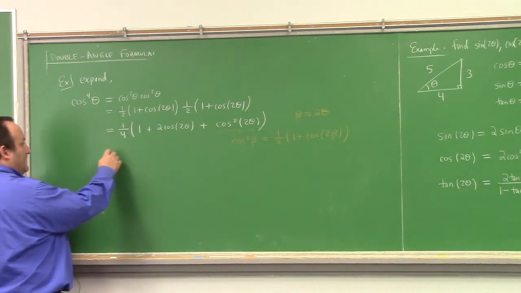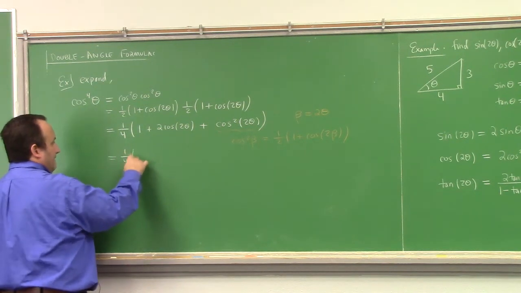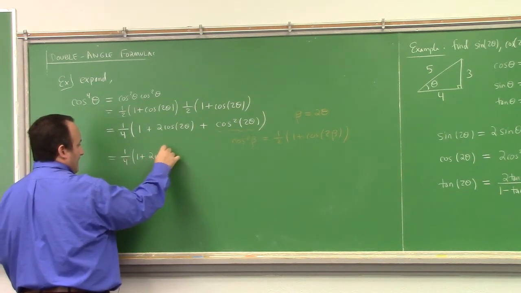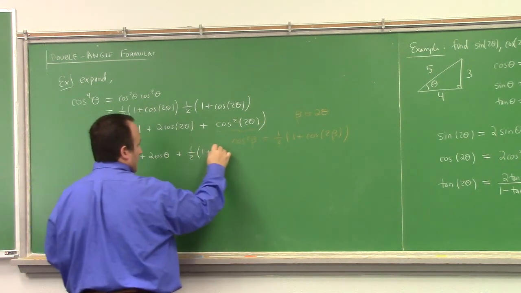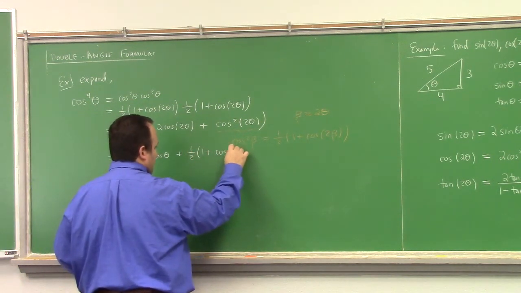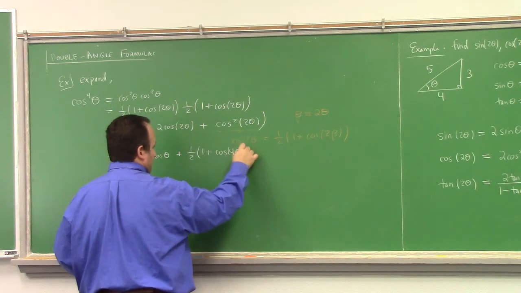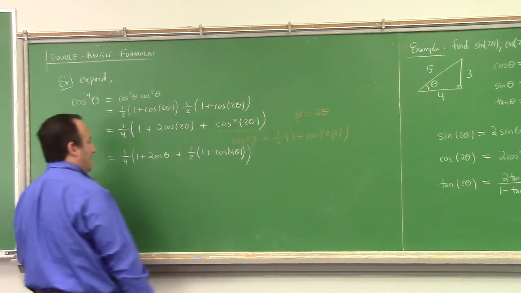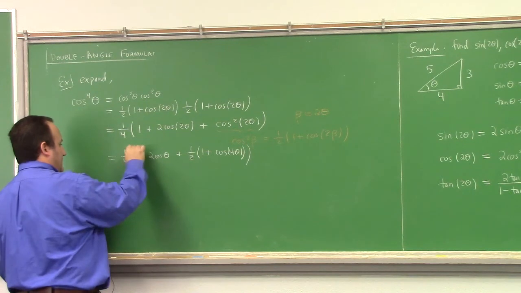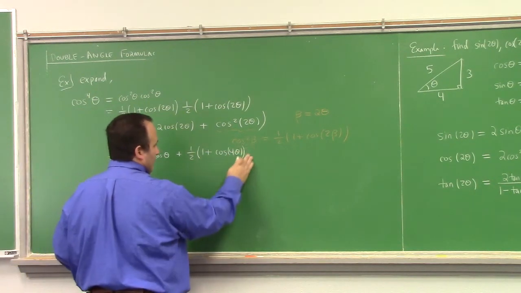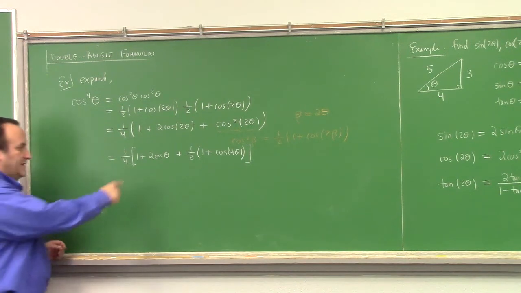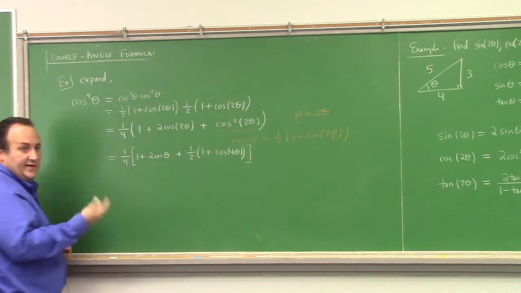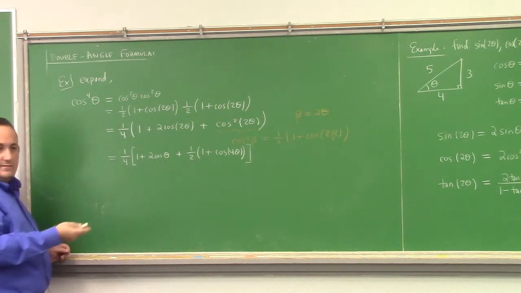So what do we have? We have this. I'll make these square so you can see them better. Right? Now we can collect the 1 and the 1/2. That gives us 3 halves, right?